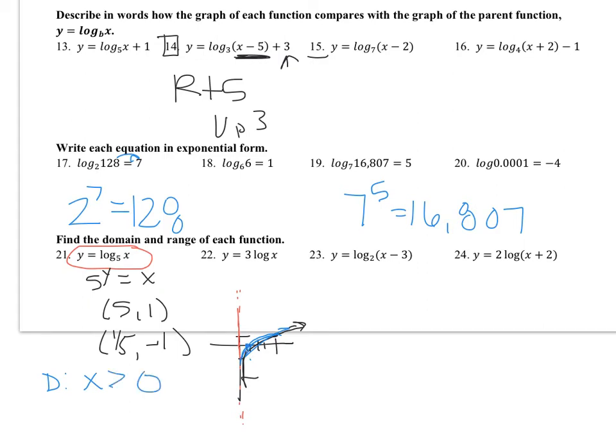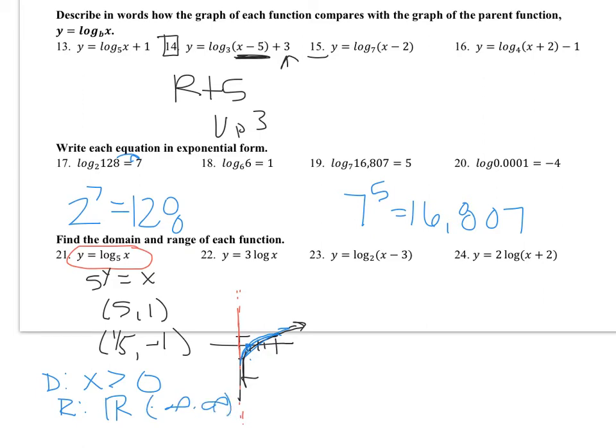It is not equal to 0. It will never pass through 0. My range, if you look here, I'm going down forever and ever and ever, here I'm going up. It's going to get small, but if I put in like a bajillion, it's going to get up there. So in this case, it's going to be all real numbers, or -infinity to infinity, or just write out all real numbers.